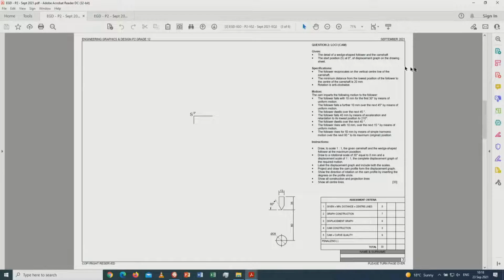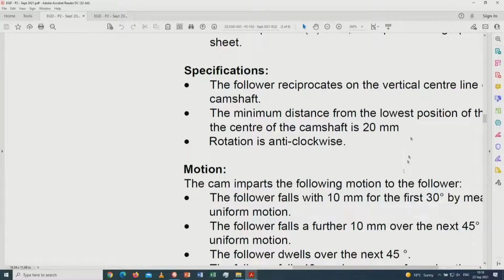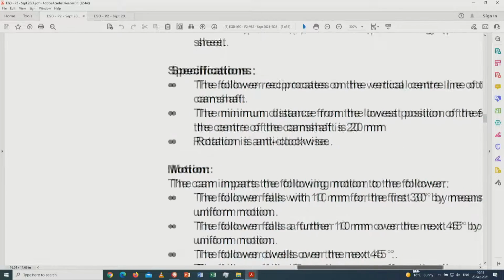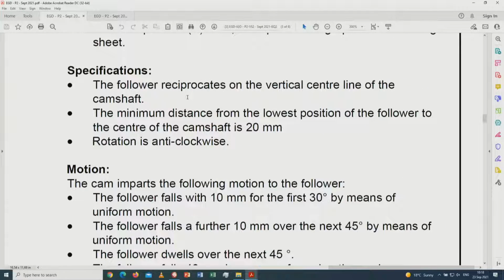Then the question is, specifications. It points out to you, the follower reciprocates on the vertical center line, up and down, in other words, from top to bottom, center line of the camshaft. The minimum distance from the lowest position of the follower to the center of the camshaft is 20 millimeters.